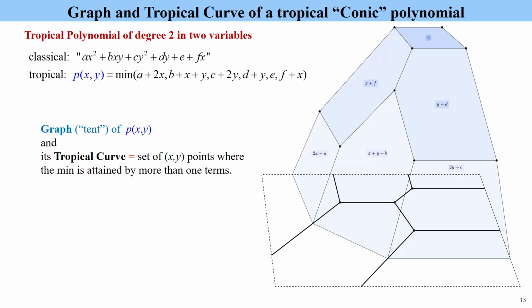And then you create this tropical polynomial. We will see that in a more systematic way called dequantization. And underneath, you see the graph, the tent of this two-dimensional second degree min-plus polynomial, and underneath the tropical curve, where the minimum is attained by more than one term.